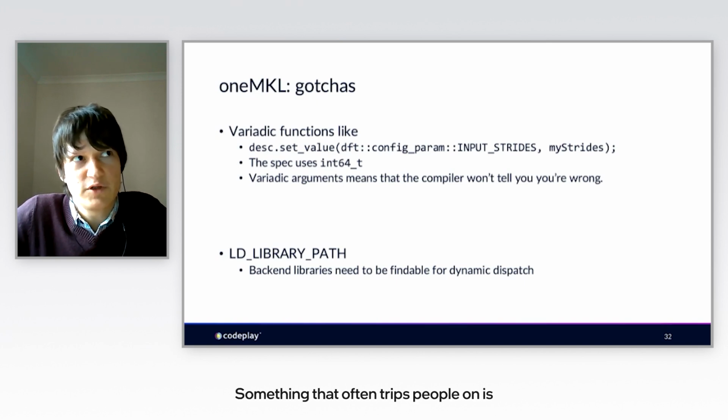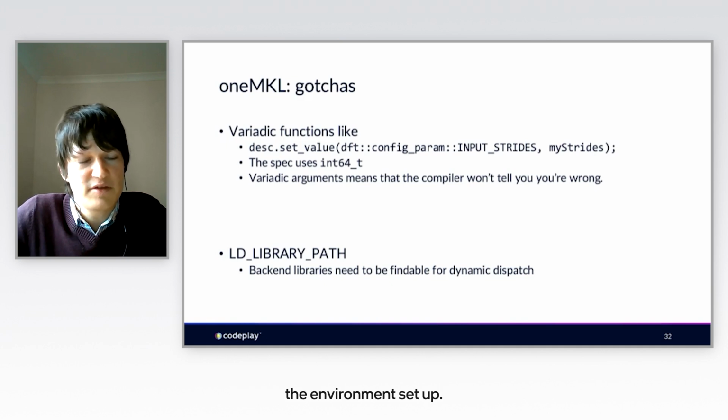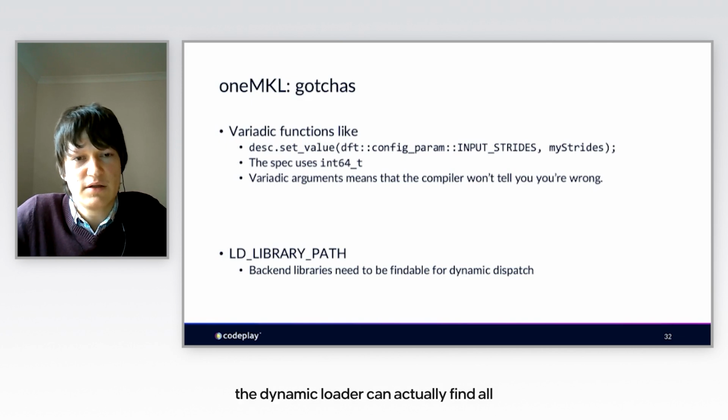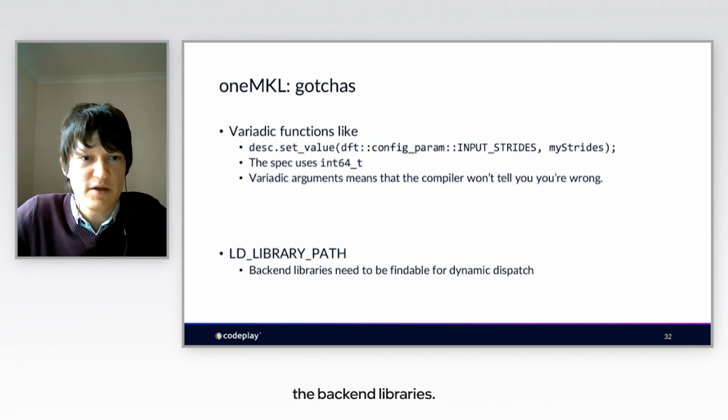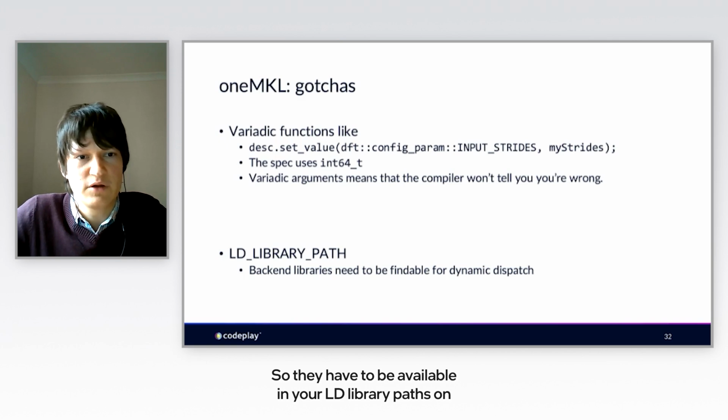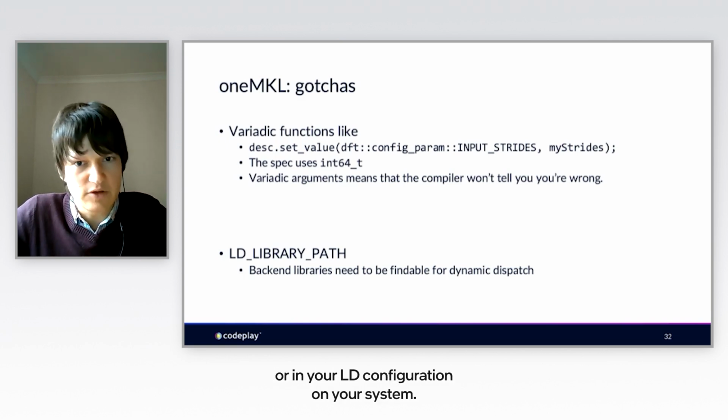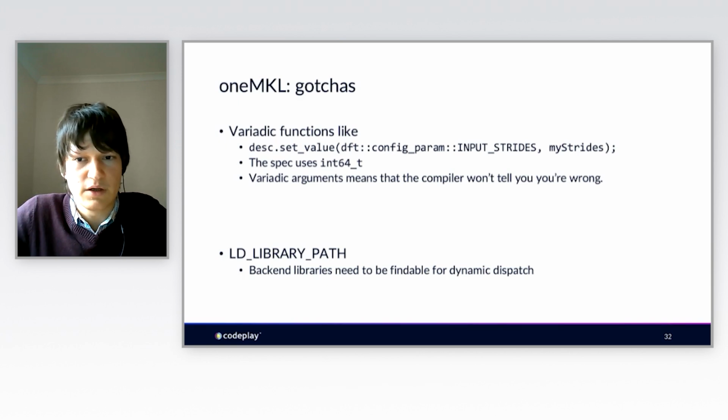Something that often trips people up is the environment setup. Of course, you always need to make sure that the dynamic loader can actually find all the backend libraries, so they have to be available in your LD_LIBRARY_PATH or in your ld configuration on your system. So the environment has to be set up properly, so all the backend libraries are visible.